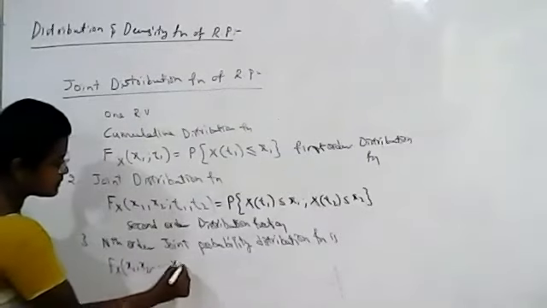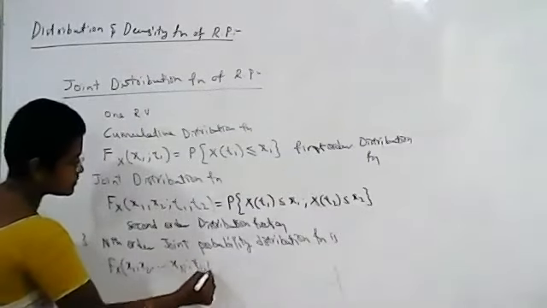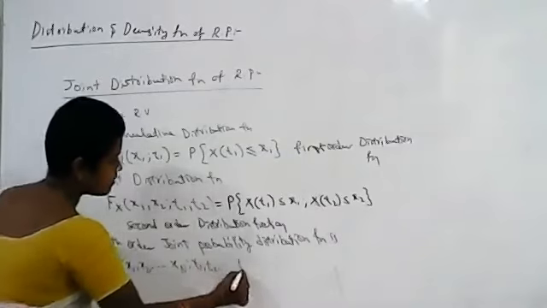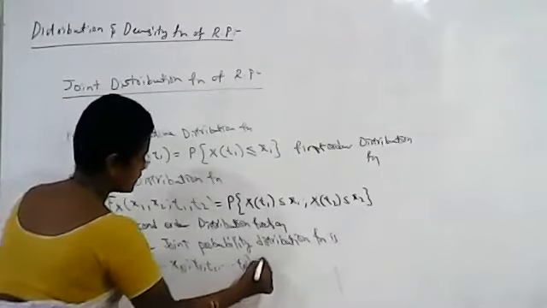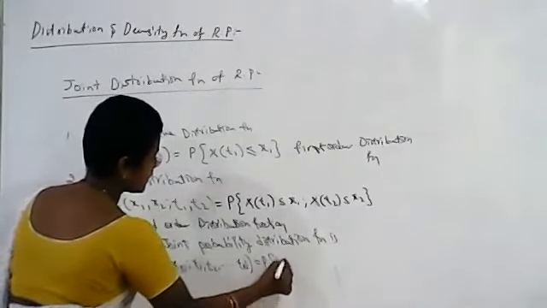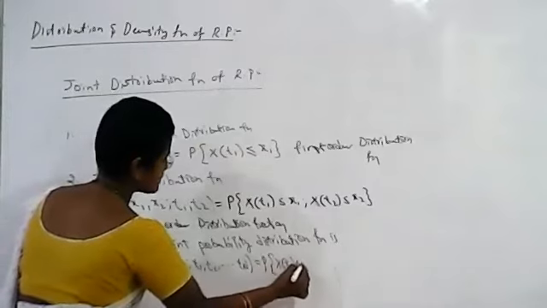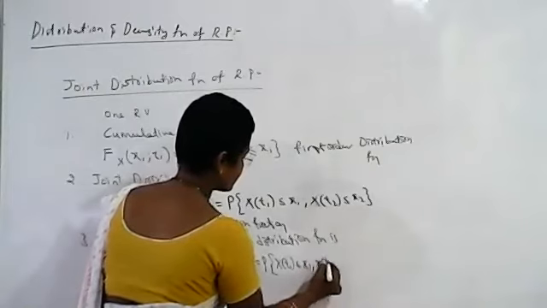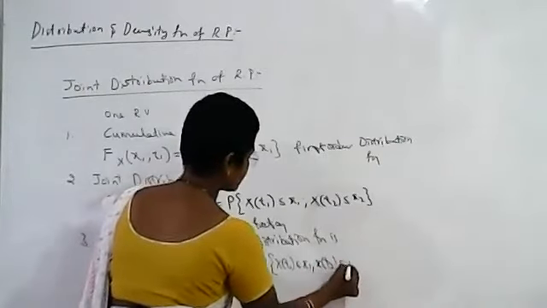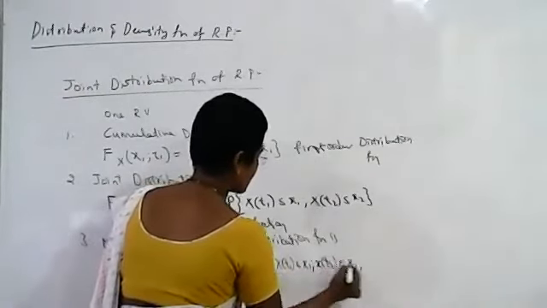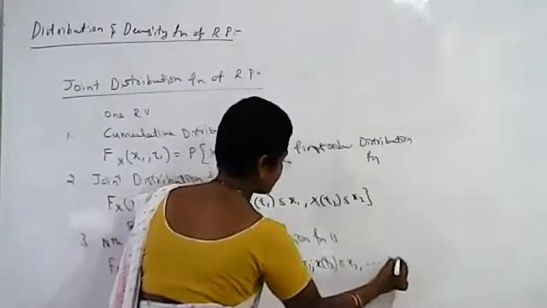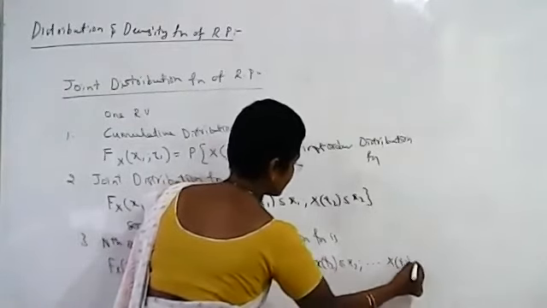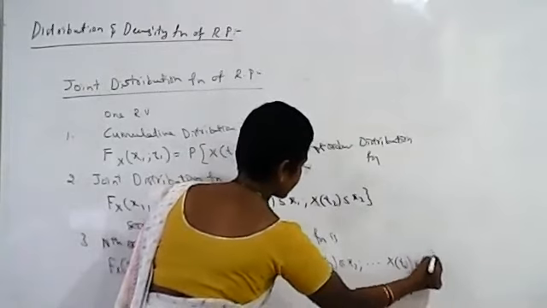N random variables, at time instances t1, t2, so on, tn. It is the probability of x of t1 less than or equal to x1, x of t2 less than or equal to x2, and so on, x of tn less than or equal to xn.